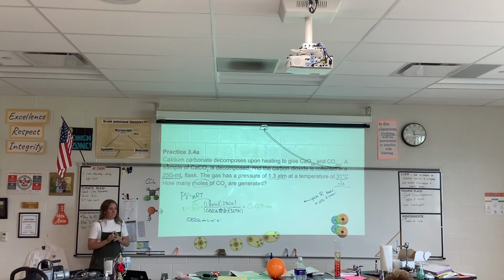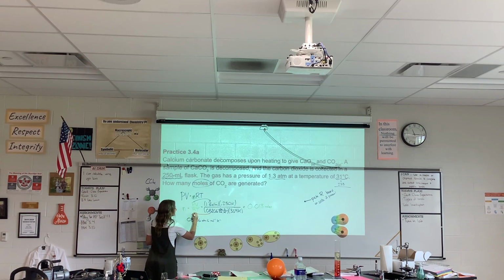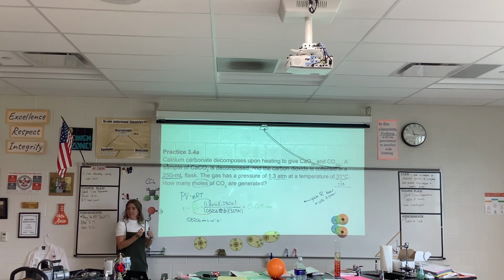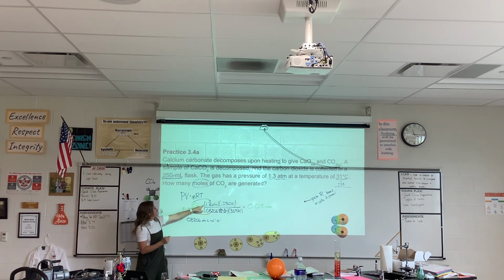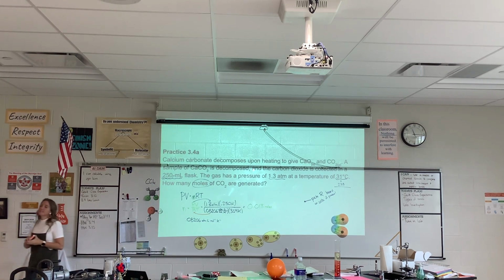Any general questions before we try another problem using this equation? So this is the R value, right? Like this is P, this is C, this is R, and that's T. So it's just one of those constants that you have to pay attention to.